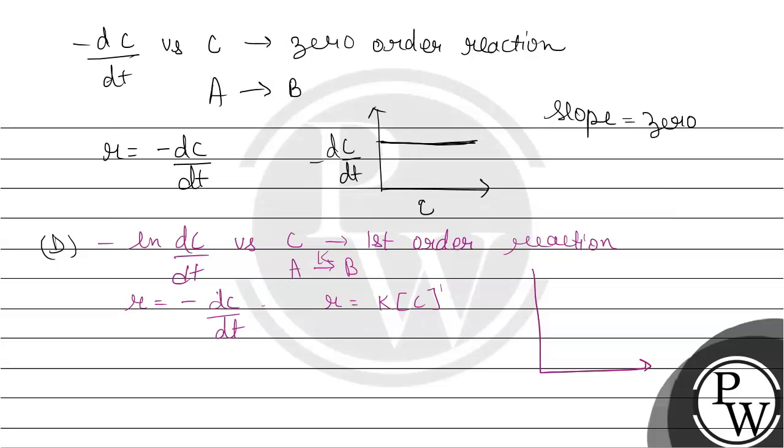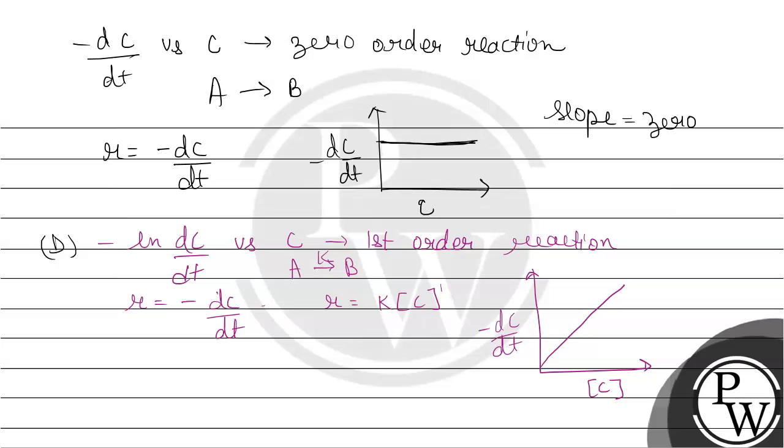जो हमारे पास rate और concentration का graph आता है for the first order reaction that is straight line in this way. And जो rate है that is equals to minus dc upon dt.